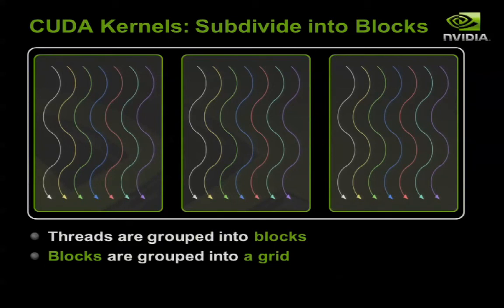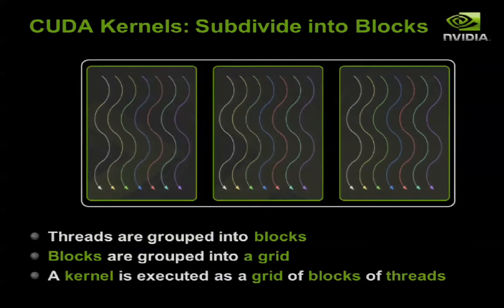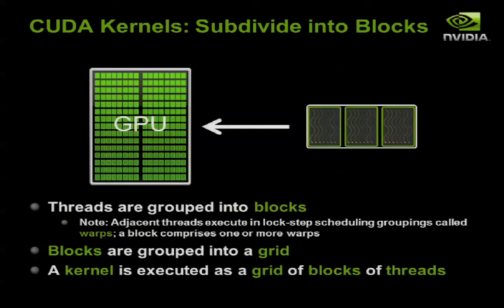And these blocks are grouped into a grid. Sorry for all these words, but it's important that you get used to this CUDA lingo. Basically, a kernel that executes on the GPU is executed as a grid of blocks of threads. You just get used to that.